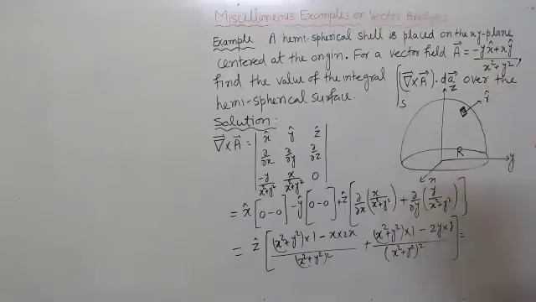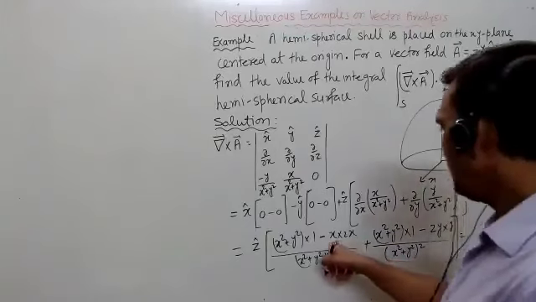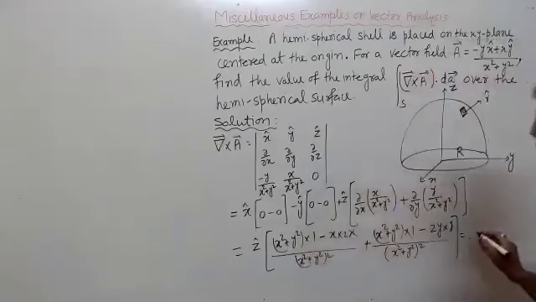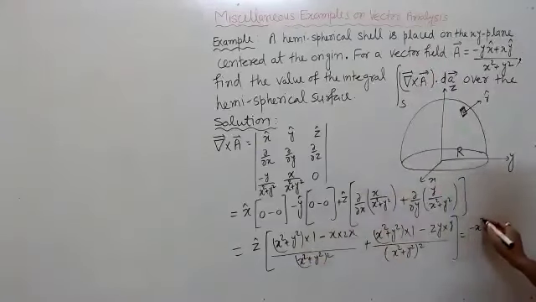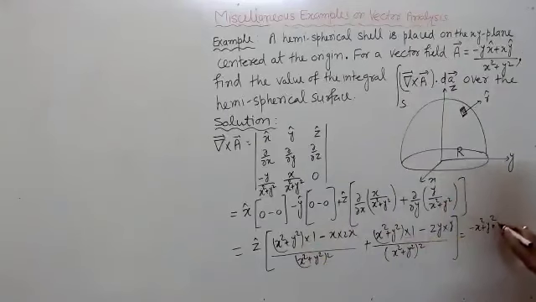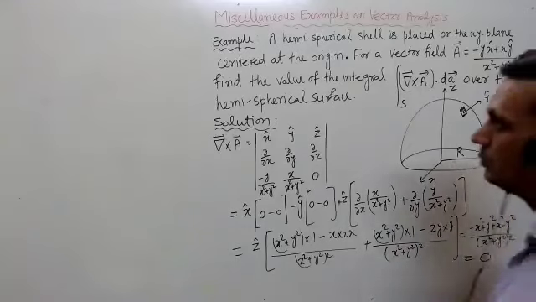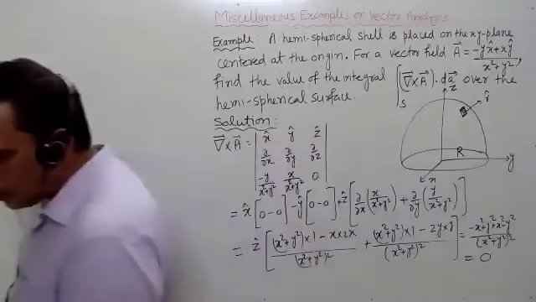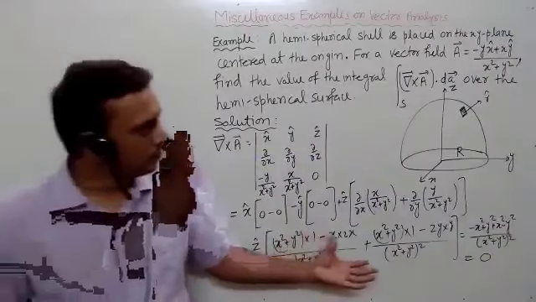So what will be this value? This is minus x square plus y square, and this will give you x square minus y square. This will be 0. So del cross A is 0 here.